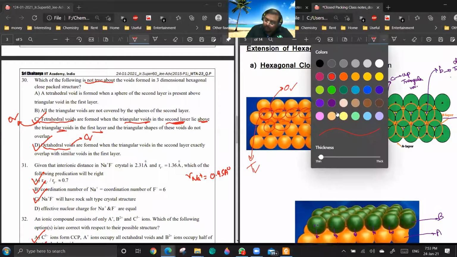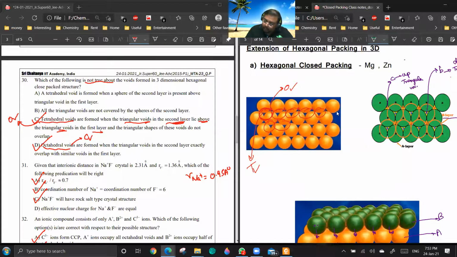I'm talking about this one. Then this triangular void of the red layer is on the top of the triangular voids of the bottom layer, yes or no? Yes, sir. And they are not completely overlapping, only partial overlapping is taking place. Yes, sir.